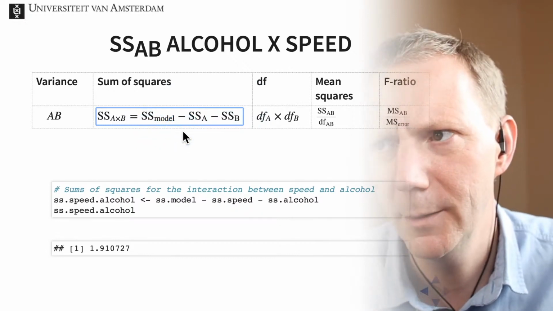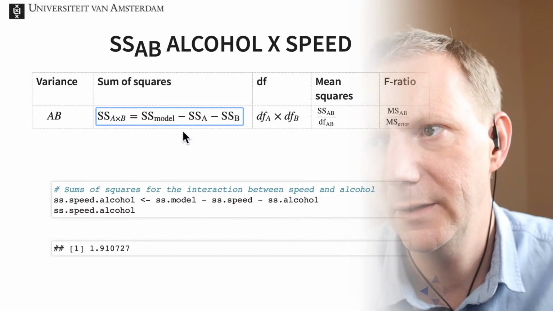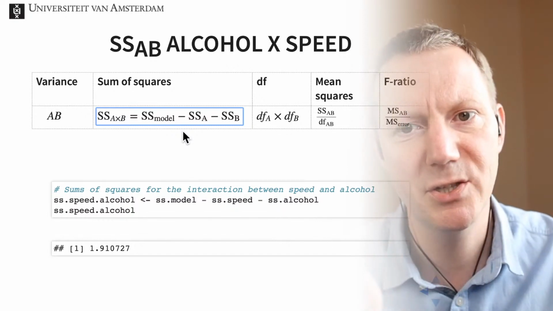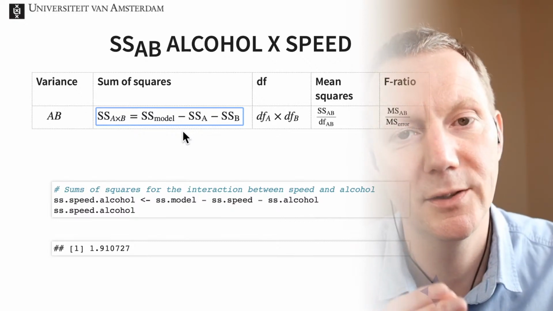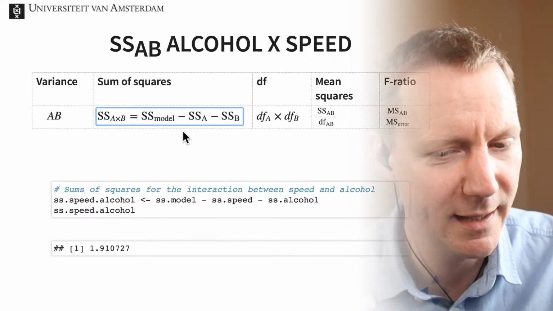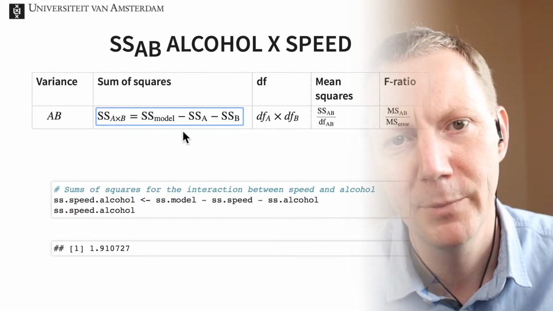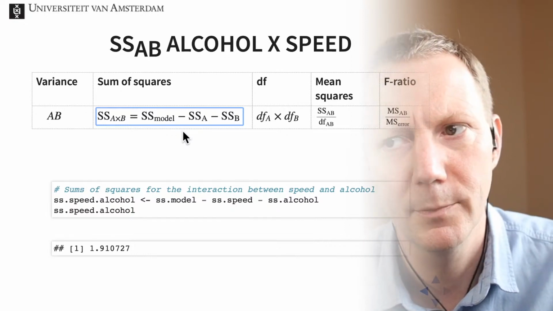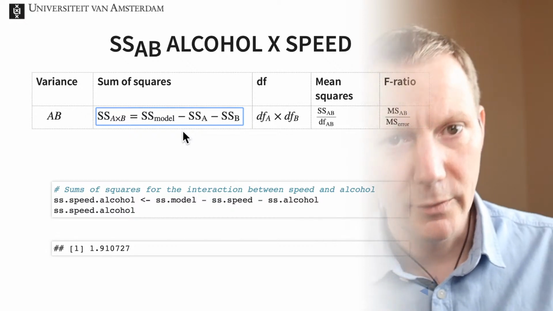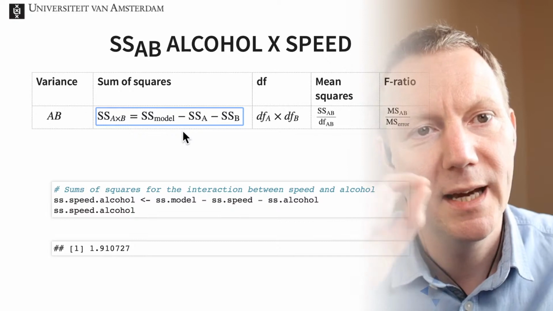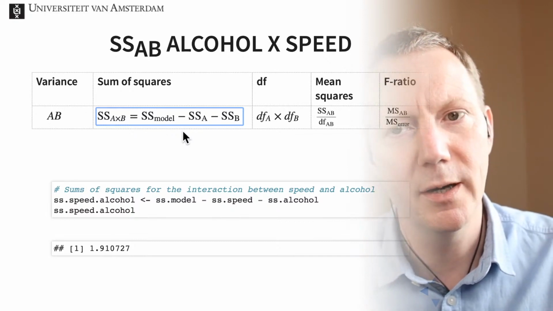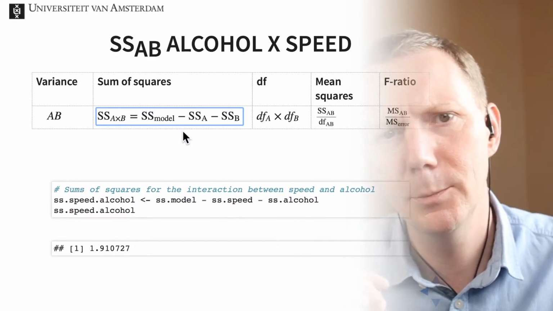But you're absolutely right that if you subtract the things that you explain with the total model from the combined two independent variables, and there is no interaction, then you would end up at 0. But if there is, then that is the part of the explained variance that we attribute to the interaction going on.